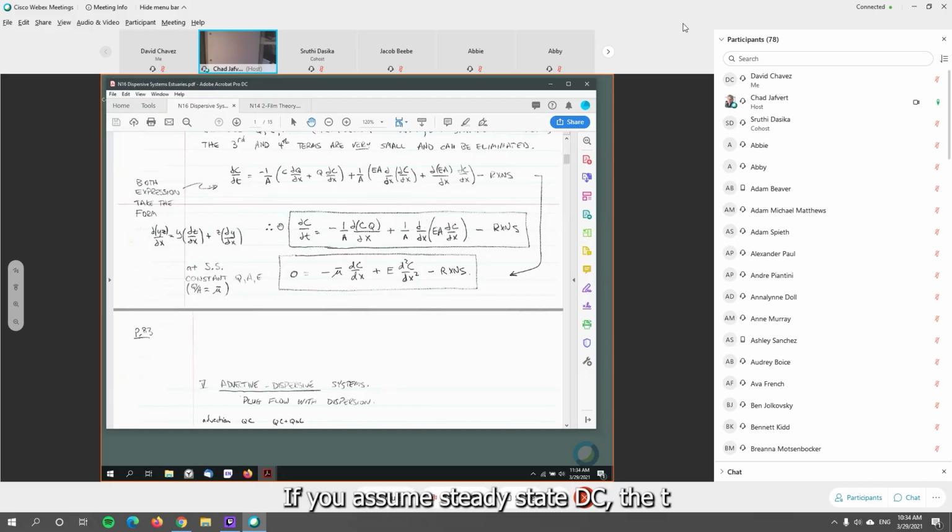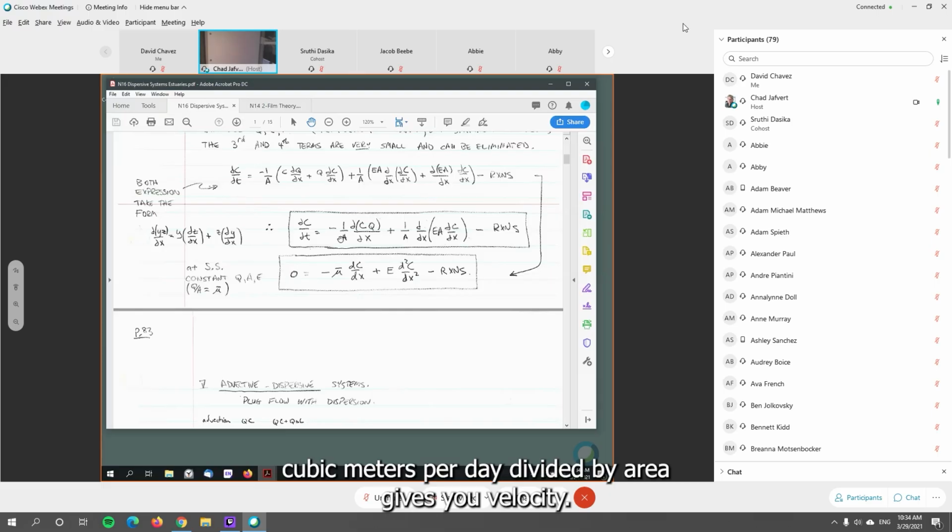If you assume steady state, dc/dt equals 0. This term is an advective term. Advective flow is velocity. Q over A, cubic meters per day divided by area, gives you velocity.